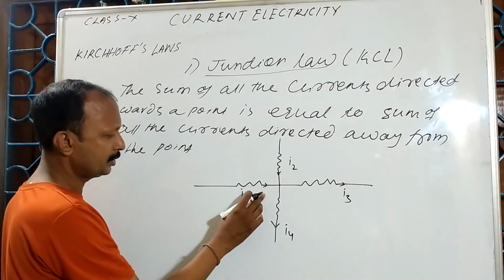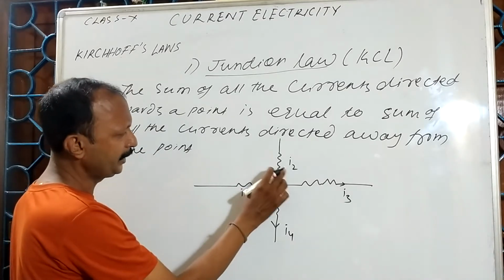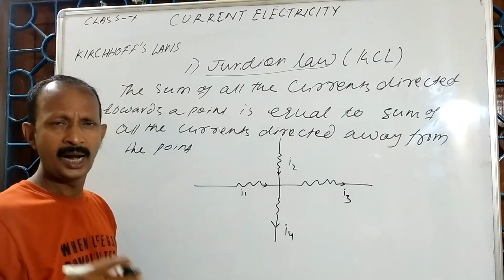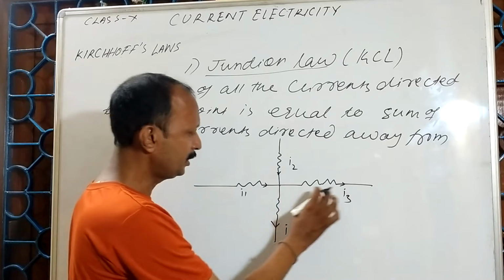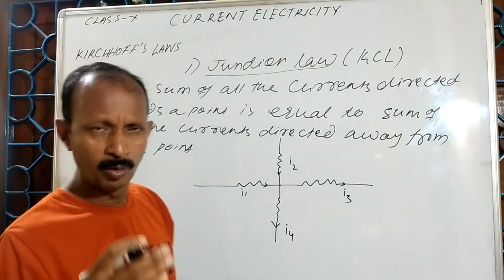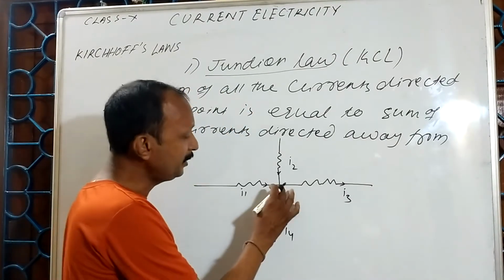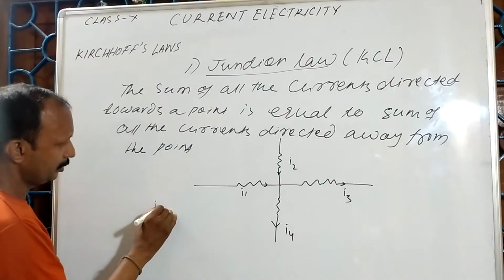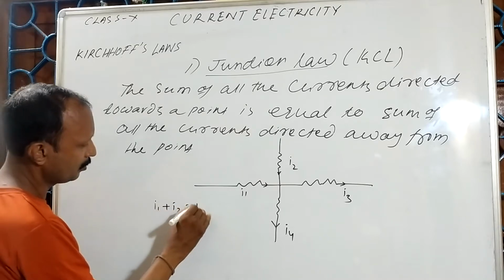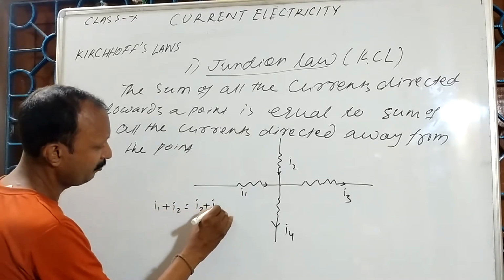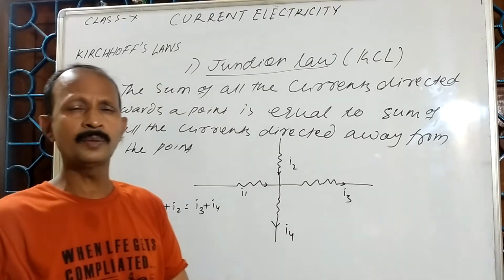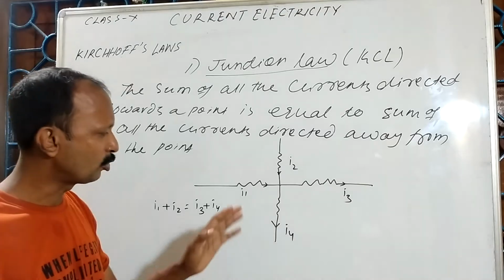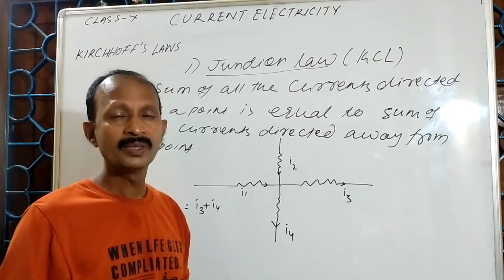Here you observe that I1 and I2 are the amount of current entering this point. At the same time, I3 and I4 are the amount of currents leaving this point. So I can say that I1 plus I2 is equal to I3 plus I4. That means the amount of current entering the junction is equal to the amount of current leaving the junction.